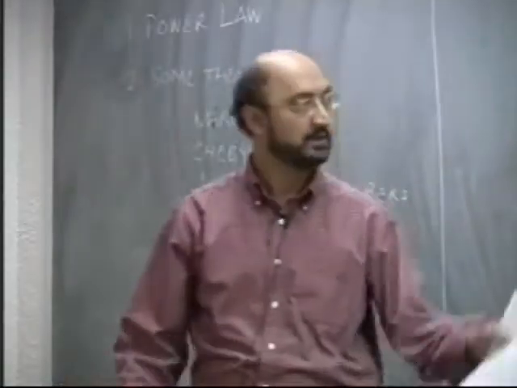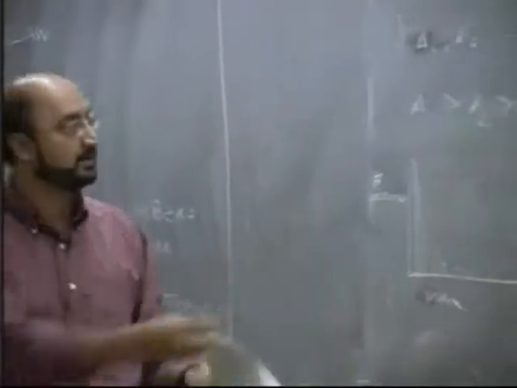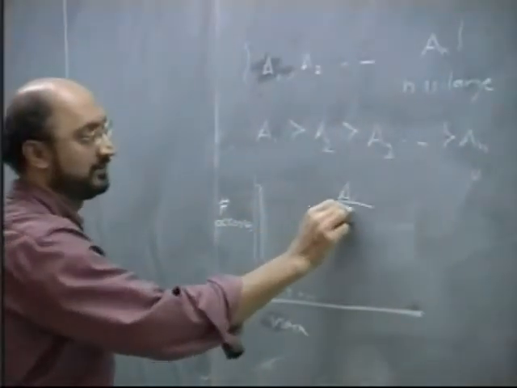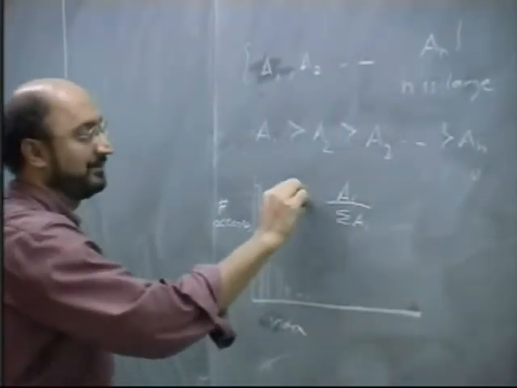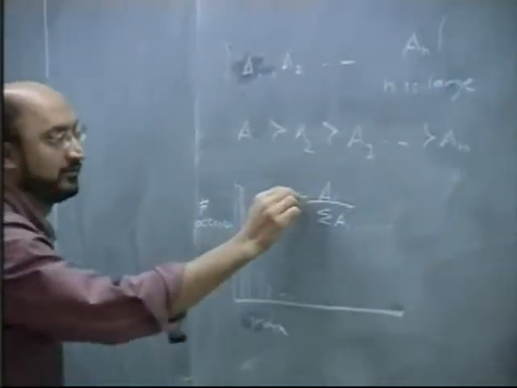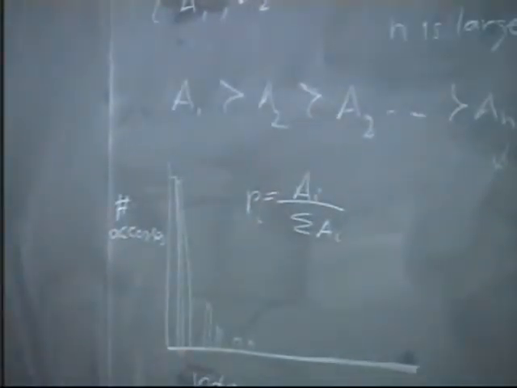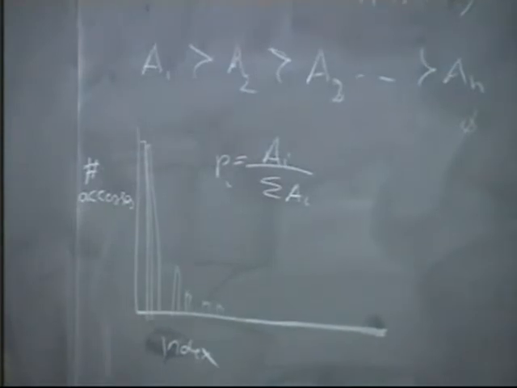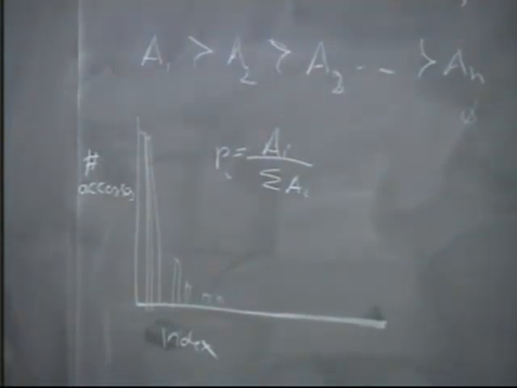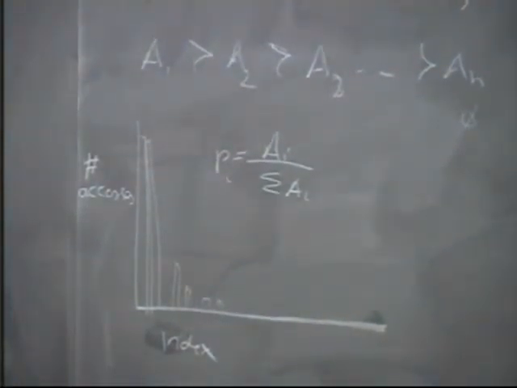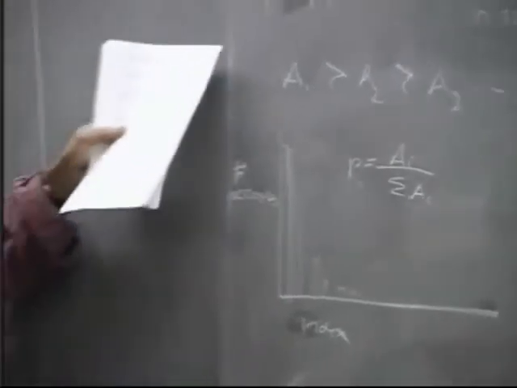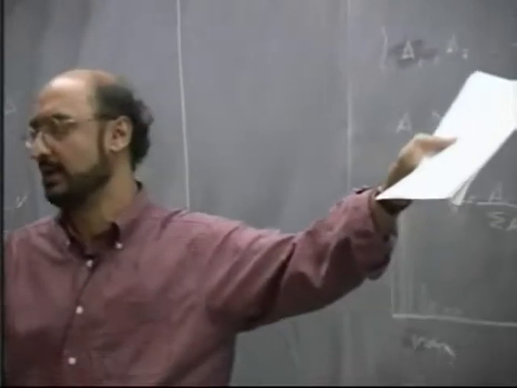We can view A_i divided by sigma A_i as essentially the probability. We defined the probability of the ith book being checked out as A_i over sigma A_i. That is your frequentist approach to probability, and we can view that as a discrete probability distribution over the entities A1 to AN.